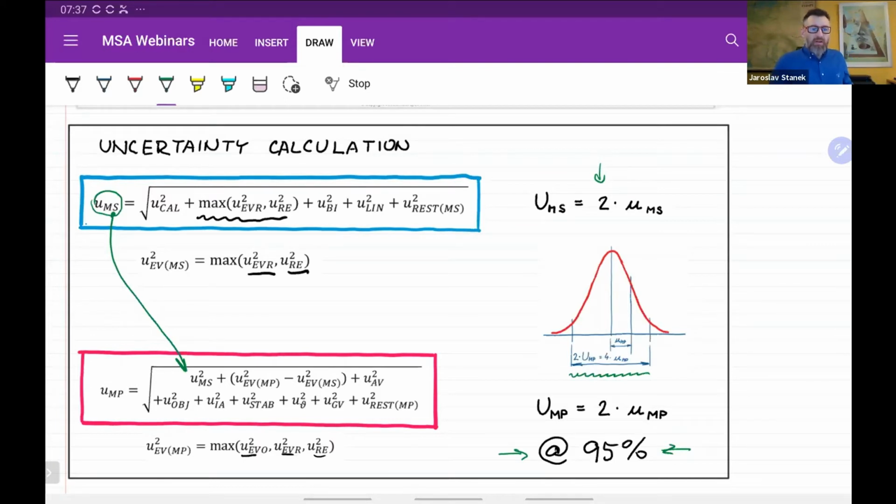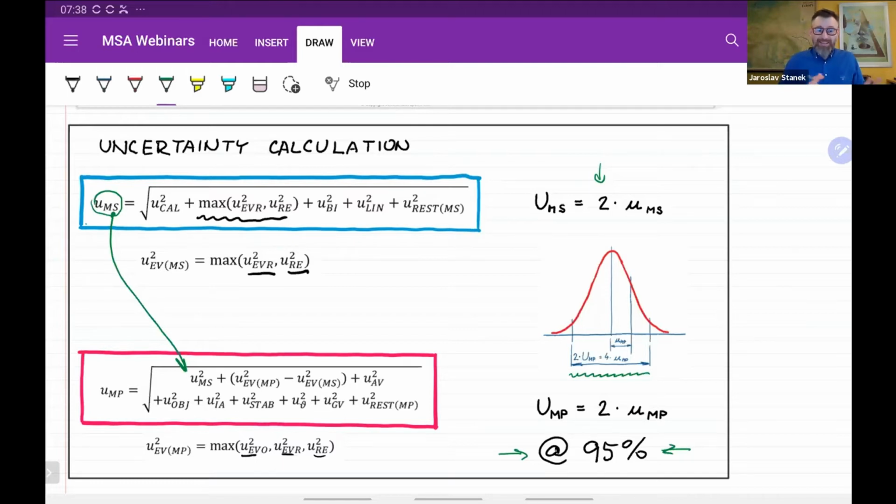This number, the little u or the capital U, is in the units of the actual measured quantities. If we are measuring length, this is in millimeters, meters, kilometers. If we are measuring weight, this is in grams or kilograms or whatever. So we cannot really compare the measuring devices to each other. We need a non-dimensional quantity to be able to say something about the measuring device in more general terms.